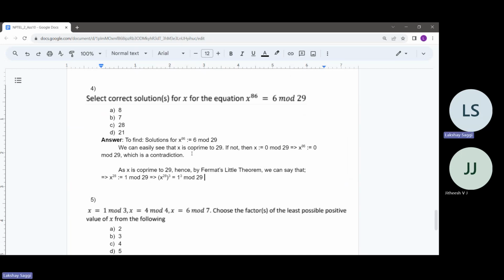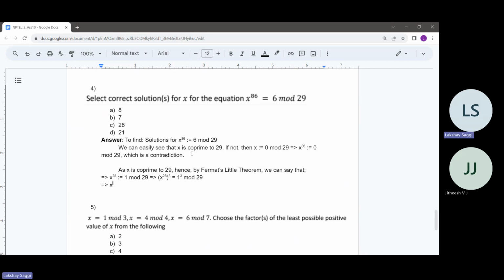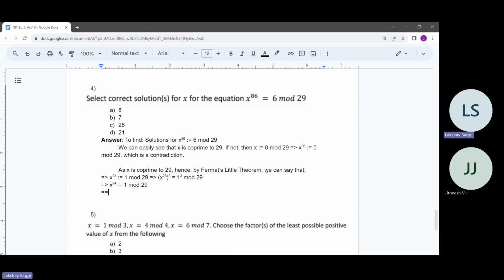So this essentially means that x raised to the power 84 is congruent to 1 mod 29, and we had x raised to the power 86. So multiplying by x square on both sides, we have that x raised to the power 86 is congruent to x square mod 29.